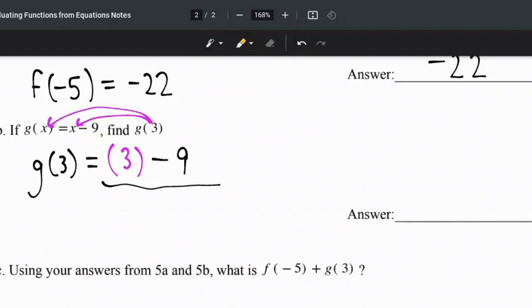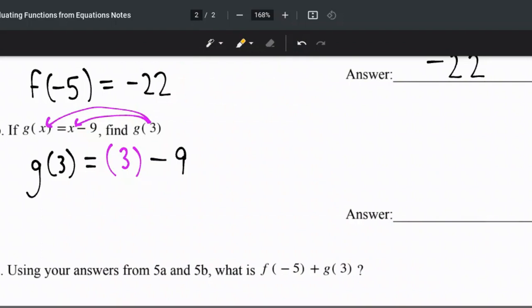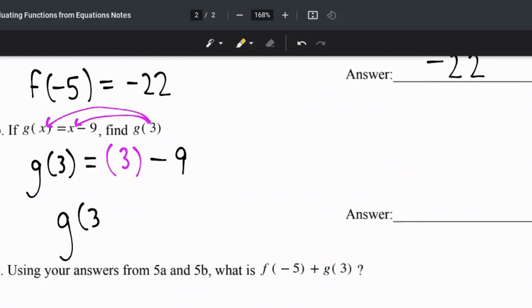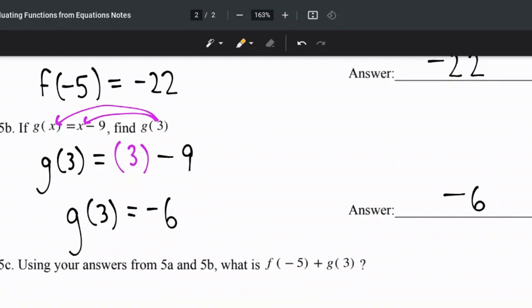Again, you could type that straight into your calculator, and what we're doing is 3 minus 9. We end up getting negative 6. So g of 3 equals negative 6. So our input is positive 3, and our output is negative 6.